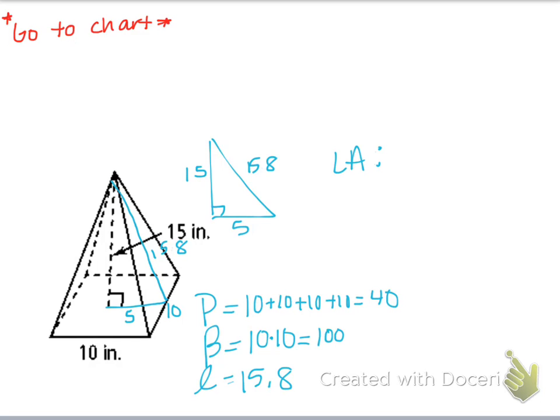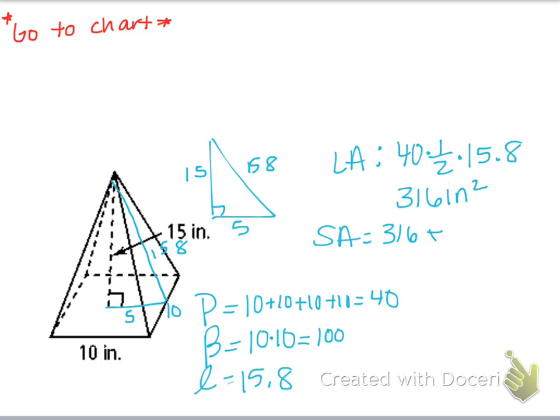So this lateral area was my perimeter times 1/2 times my slant. So I get 316 inches squared. My surface area is 316 plus the area of the base, which we found was 100, so 416 inches squared.